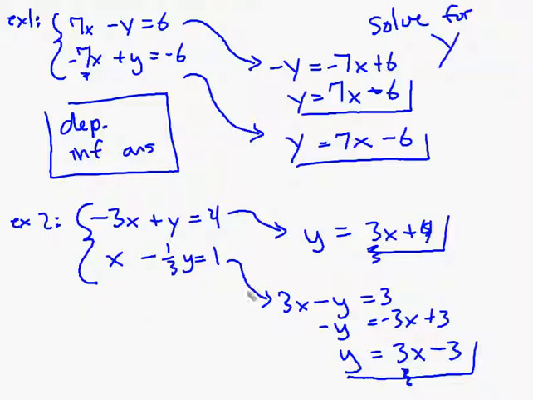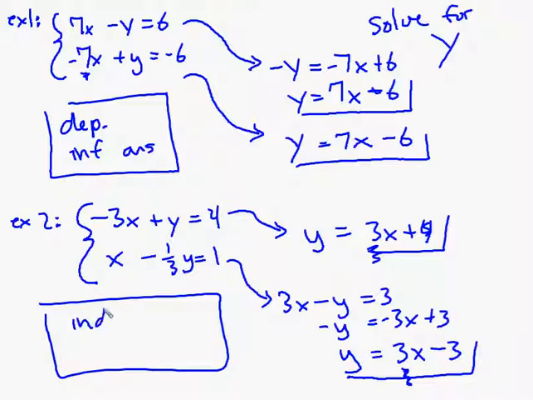Same slope, but they do have different y-intercepts, so they are parallel. So I'm going to say this is an independent system, but it's inconsistent because there's no answers. So no solution. Do you get how we saw that without even graphing it?